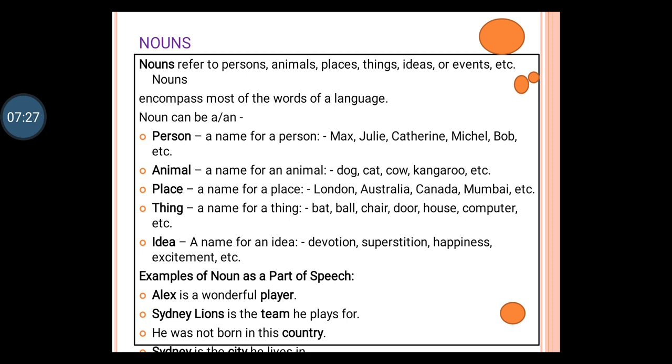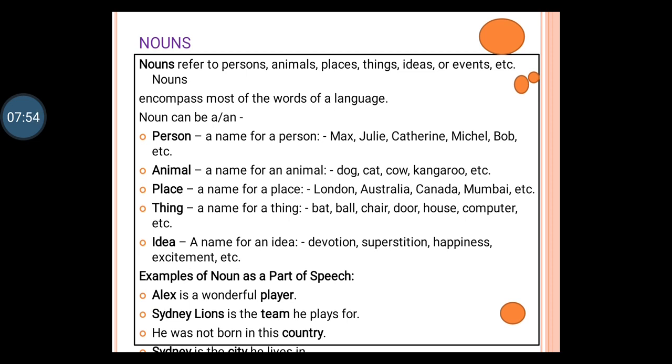An idea is a noun. Events that occur around us. I know we're not going out for events now because of the lockdown, but weddings, events we have in Sleek Angels, the inter-house sports, the cultural day, which took place not too long ago, which was actually an international day.